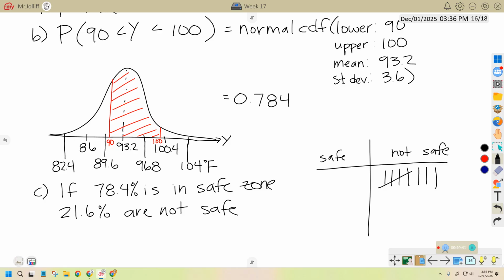Is that a similar idea to what you think, Jacob? Yeah, I agree. So if the problem is telling you that safe temperatures are between 90 degrees Fahrenheit and 100 degrees Fahrenheit, if only about 3/4 are safe, there's almost a quarter that's not safe. That's a 1 in 4 chance that I turn that baby safe setting on and my water is too hot for the baby or too cold for the baby.